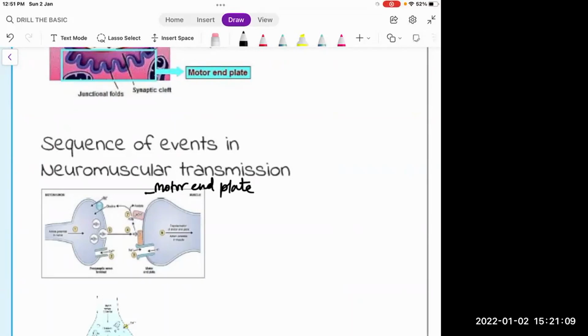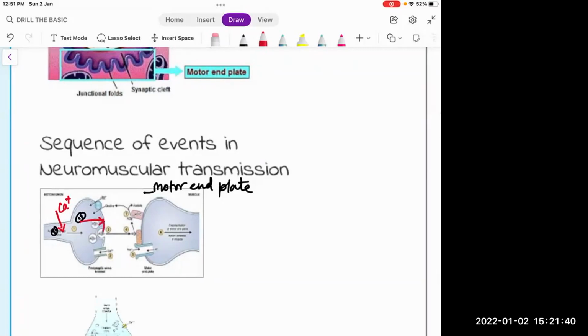Here also the presynaptic membrane will have the vesicles which contain the neurotransmitters, and the vesicles will be present in the axon. Once there is a stimulus, there will be entry of calcium. In neuromuscular transmission, you have the role of calcium. This calcium makes the vesicles move towards the presynaptic terminal.